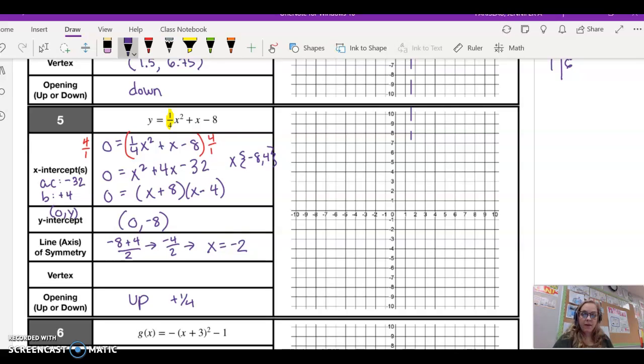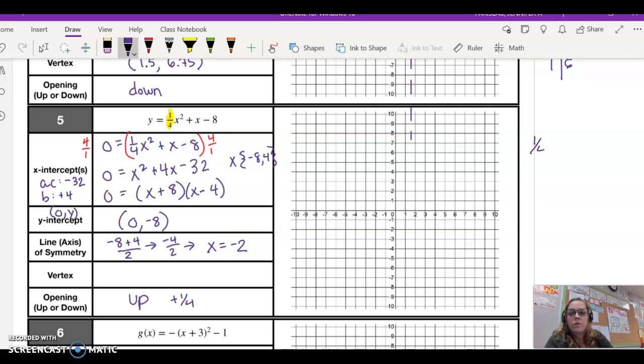Well, once you have that, that's the x value for the vertex. So we can simply plug that back in to find the vertex. Now, you don't want to go into your factored equation, because we solved for when y was 0. We don't know what the y value is. So we want to go back to the original function here.